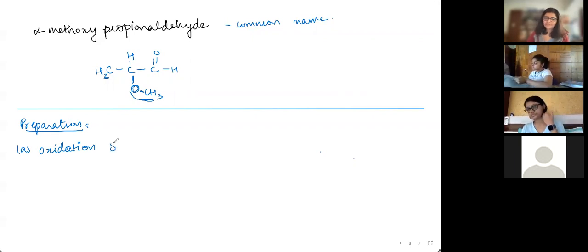Alcohol. There you go. And what is the oxidizing agent that you use? Weak oxidizing agent, because if a strong oxidizing agent is used, then it will directly be converted to carboxylic acid, which we don't want. Correct.